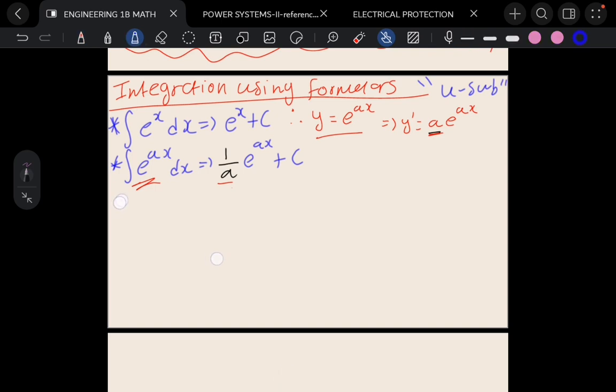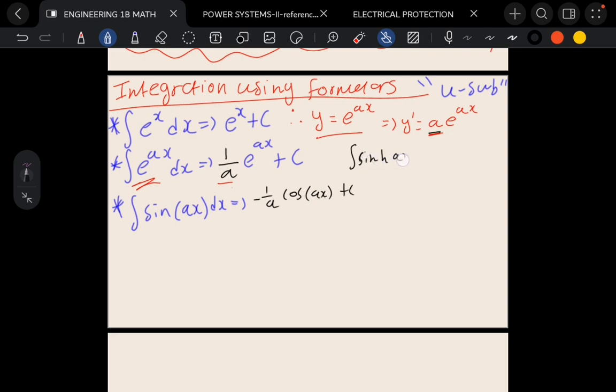So it's going to be the same principle for the sine of ax dx. Your integral of sine ax dx is going to be negative 1 over a cos ax plus c, and the integral of cos... I mean, 1 over a cos ax plus c.